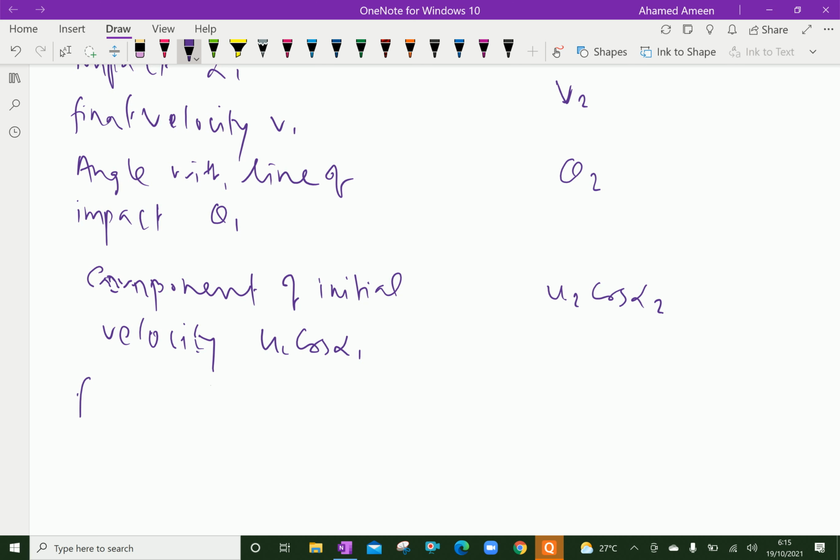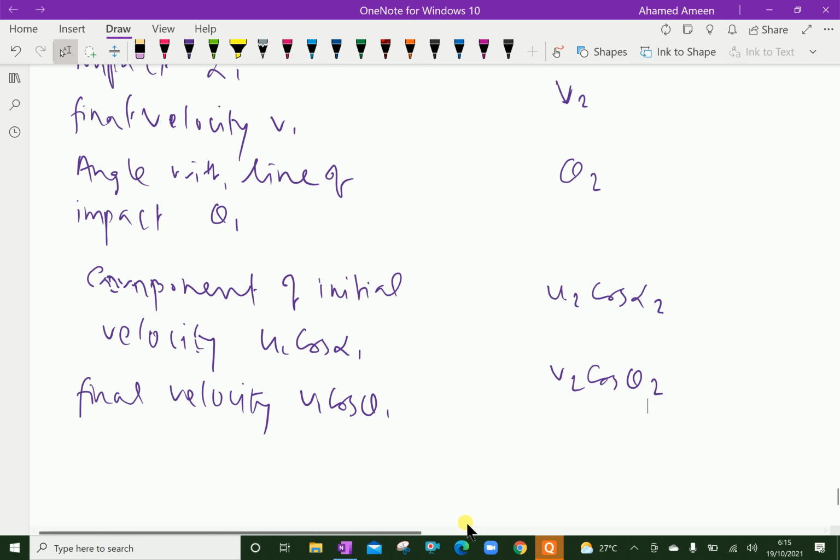Same for final velocity: the components of final velocity are v1 cos theta 1 for the first body, and v2 cos theta 2.